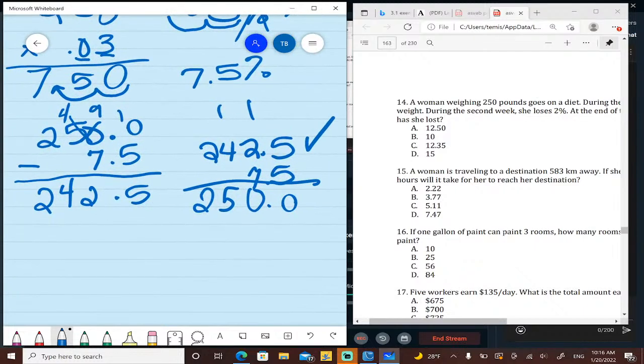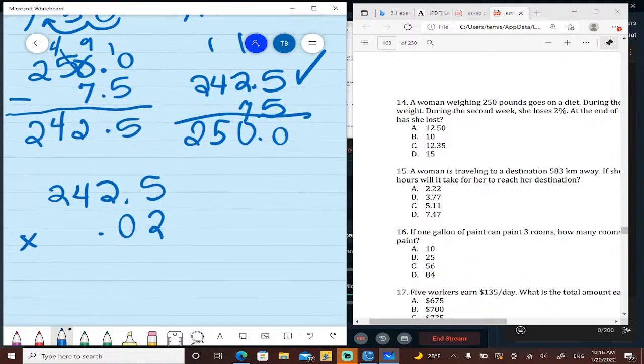Okay. So we're at 242.5. And then the second week it says she loses 2% of that body weight that she currently is. So that's 242.5. And remember, 2% is going to be 0.02. Now you may be asking, why didn't you line up the decimals? Because we only do that when we're adding and subtracting.